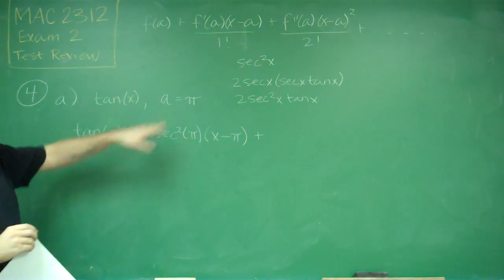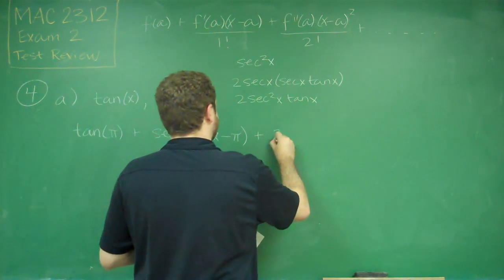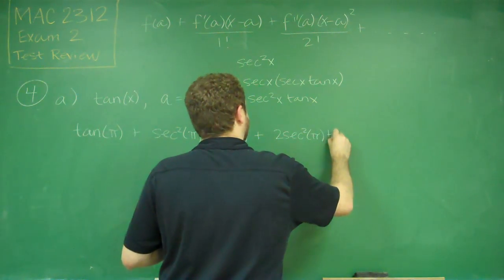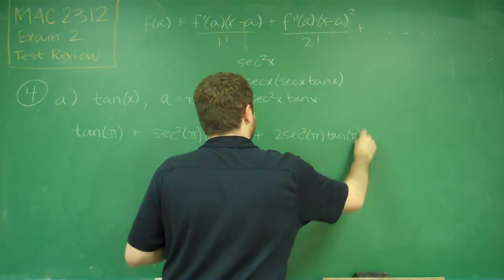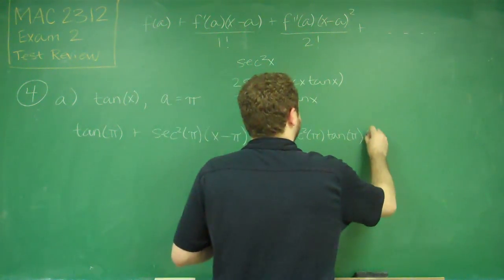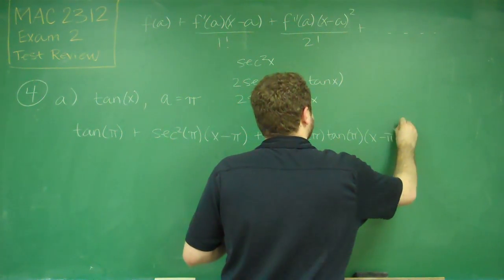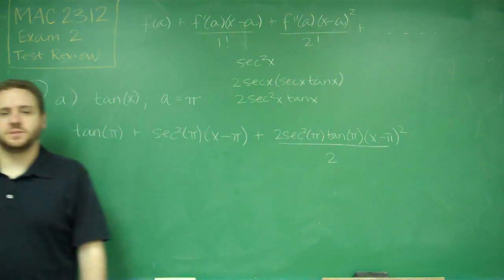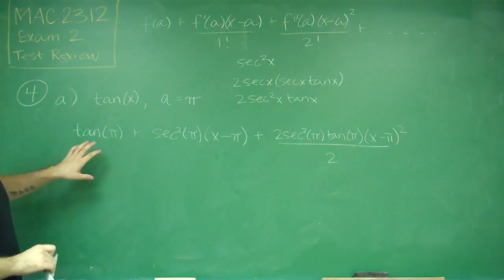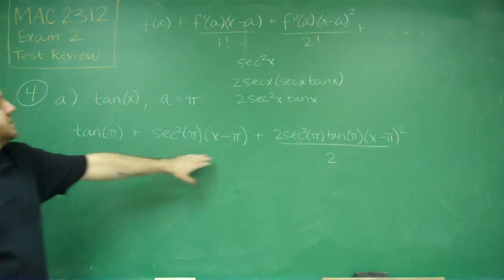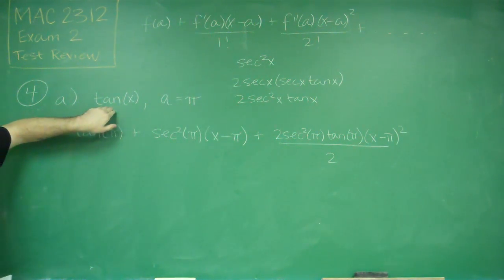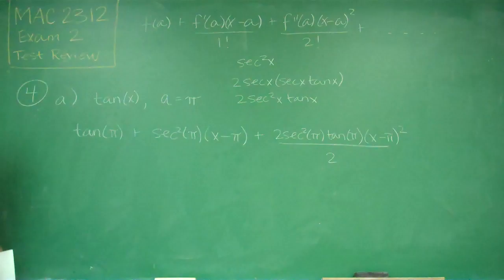When we plug in pi to that, we're going to get 2 secant squared pi tangent of pi. We'd have x minus pi squared, and we're going to divide that by 2 because 2 factorial is 2. So this is the first 3 terms using this formula for f being tangent of x and a being pi. Let's figure out now what all of this stuff is.